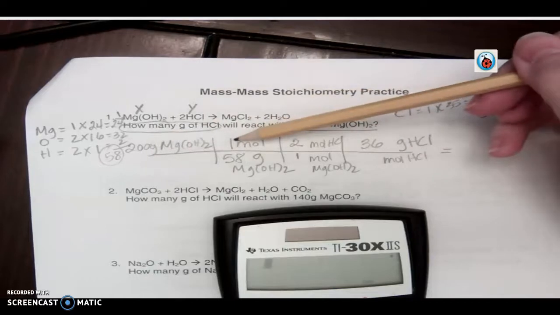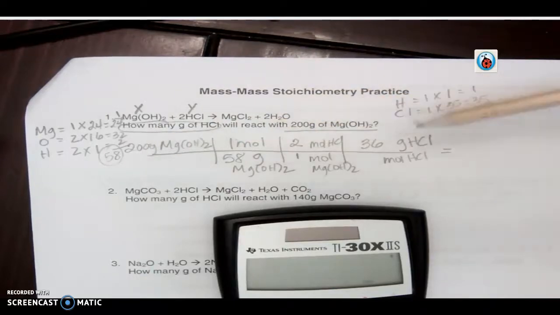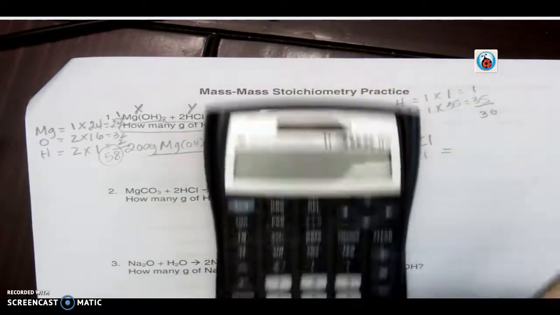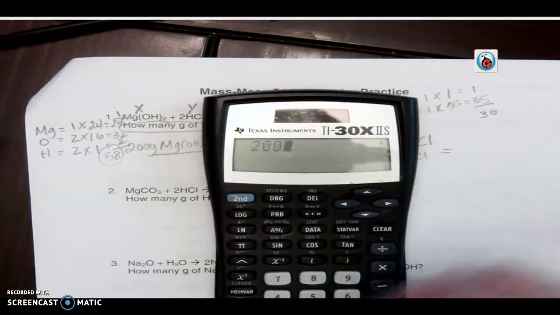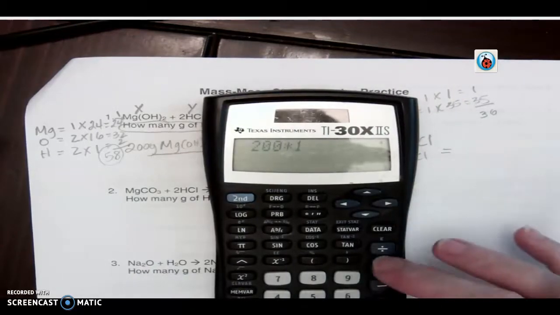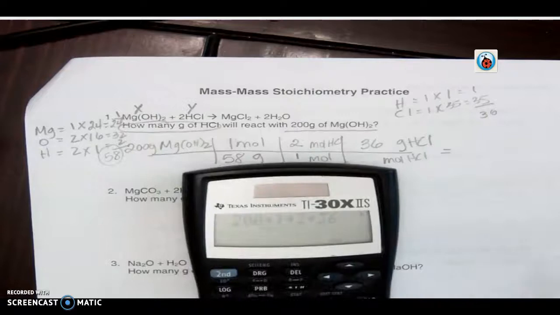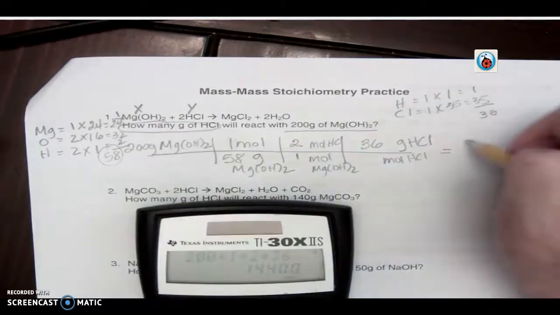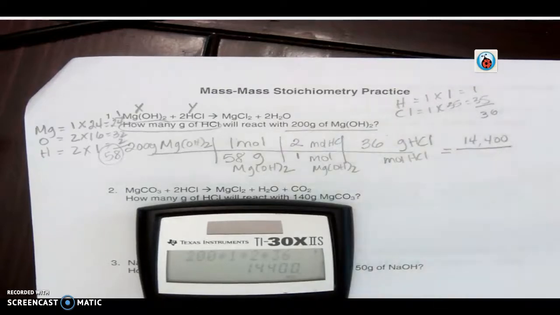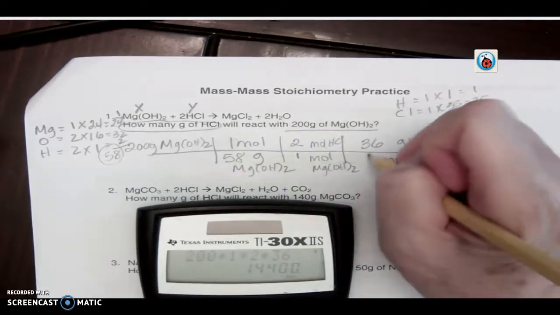So what do we got? 200 times 1 times 2 times 36. So let's do that. 200 times 1 times 2 times 36. All right, and then let's hit enter. What do we get? We get 14,400 on the top. And then we're going to multiply, oh, I forgot to put a 1 there.